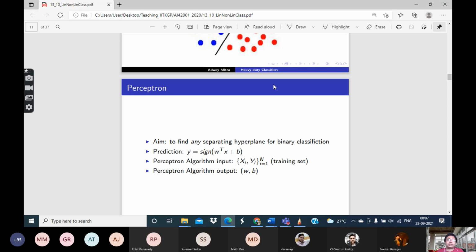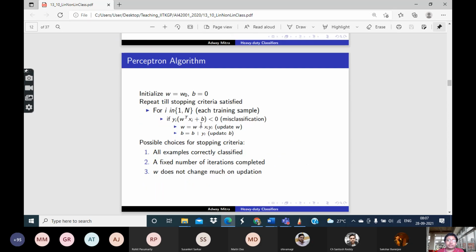Given a linearly separable data set, the perceptron algorithm is an iterative algorithm which makes an initial estimate of the linear classifier, keeps on updating it whenever we make a mistake in classifying the training points, and finally stops when it satisfies a particular criterion, which may be that all the examples are correctly classified, or a fixed number of iterations are completed, or W does not change much upon iterations.